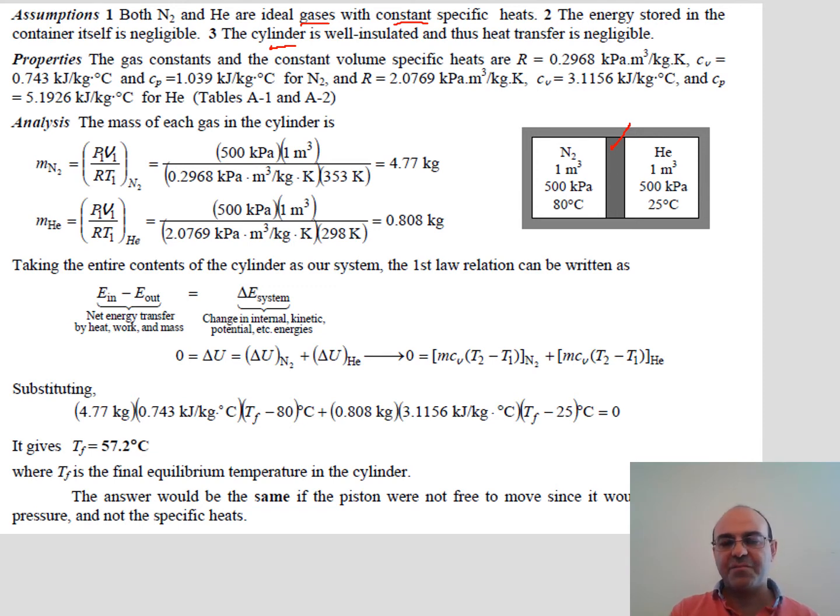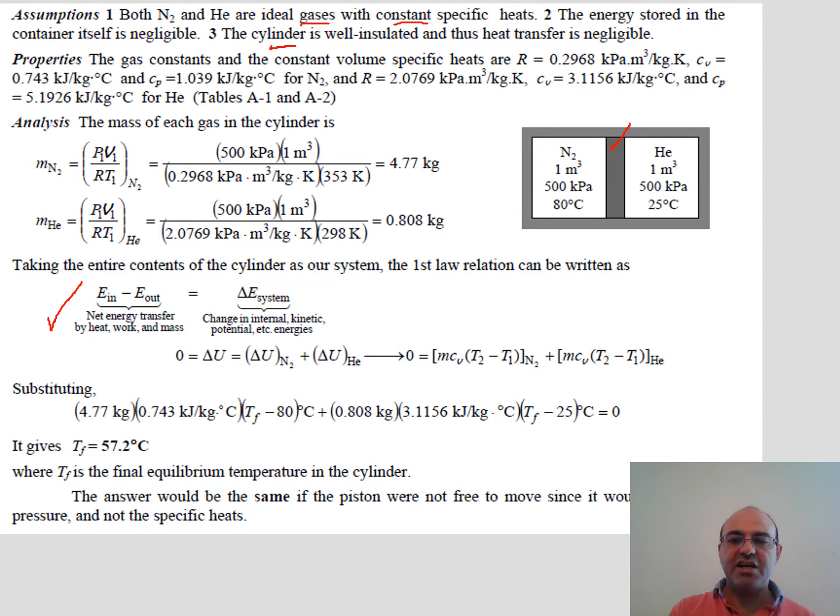So first we need to understand the problem and see what has to be done. In the first part, we need to find the final temperature. You may want to start from this equation: the first law, energy in minus energy out is equal to the change of the energy of the system.